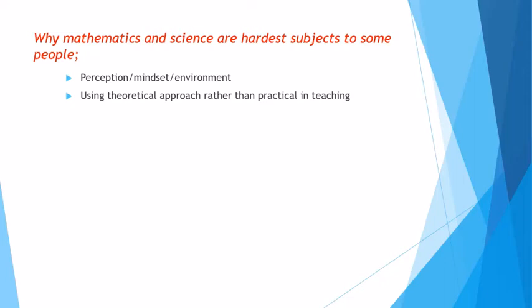And especially science is very much practical, and therefore if you do not do enough practical, you will not even be able to apply the knowledge you get. You will end up cramming things, but later in future you will keep asking yourself, why was I studying these things?